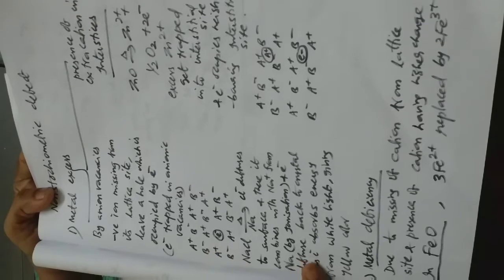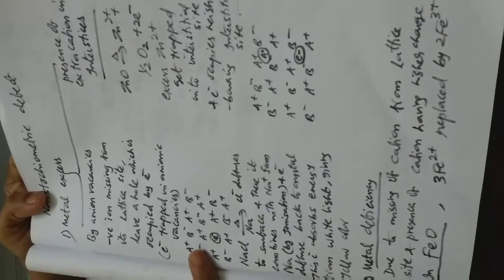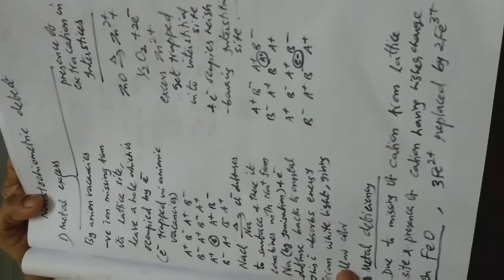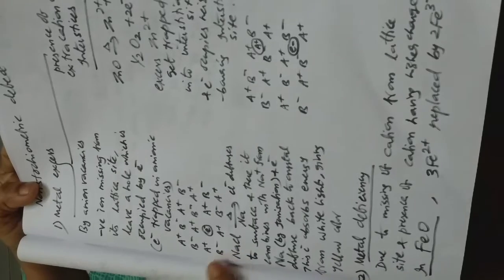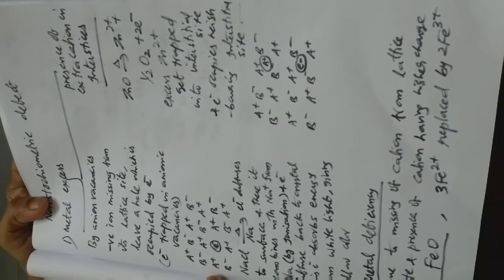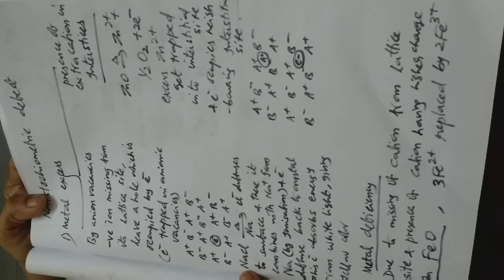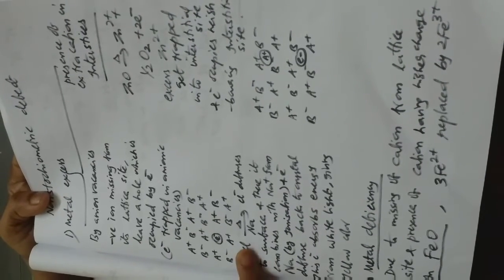Now these electrons absorb energy from the white light and give yellow color to that crystal. So whenever you heat NaCl with Na, you get yellow color. In the same manner, lithium chloride heated with lithium gives pink color, and potassium chloride heated with potassium gives violet color. You can remember easily: KCl, K means V, KV.